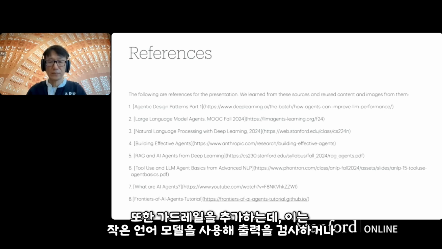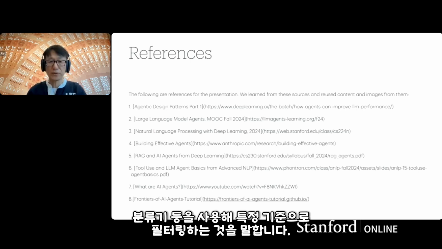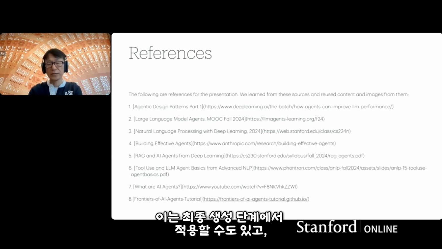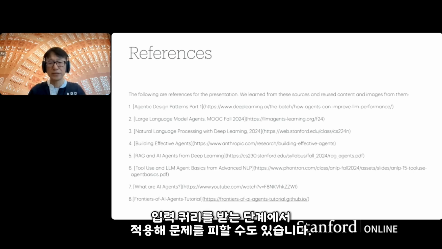Guardrails mean checking the output using a small language model so that you can quickly check it, or using some type of criteria, like a classifier, so that you can filter things out. It could be at the final generation stage, or at the input stage when the query comes in, so that you can avoid it.